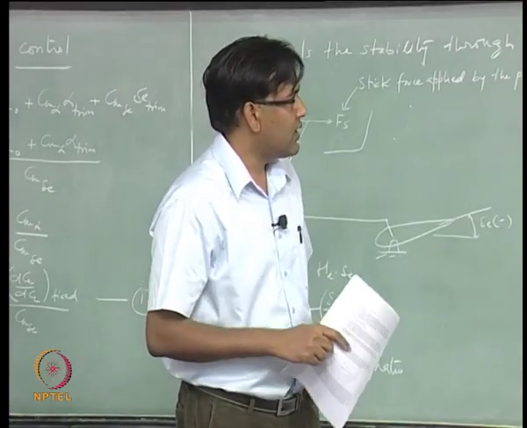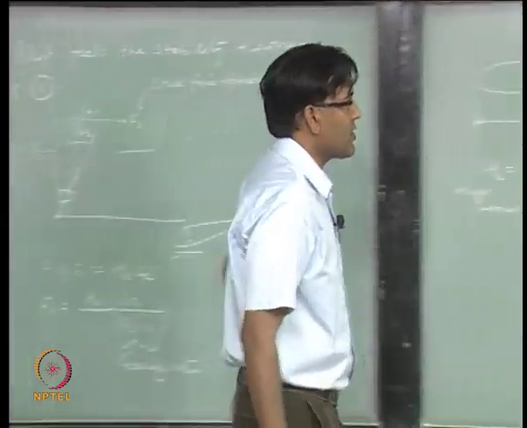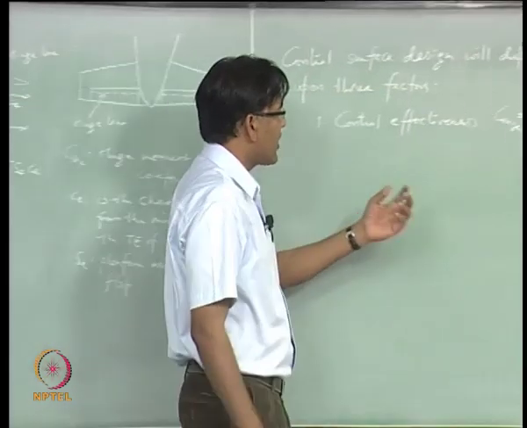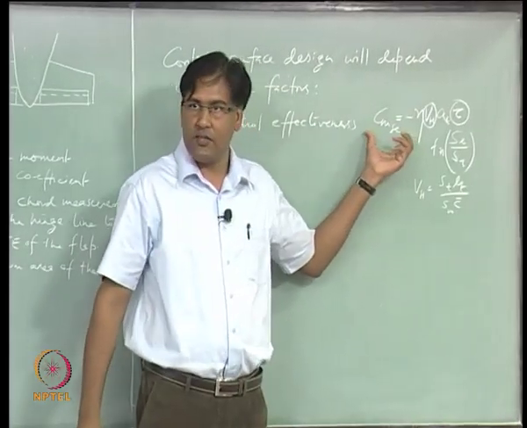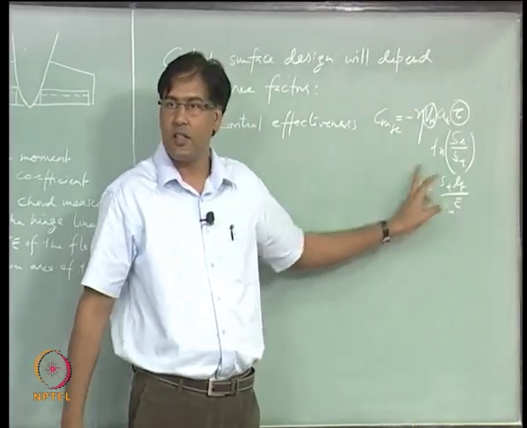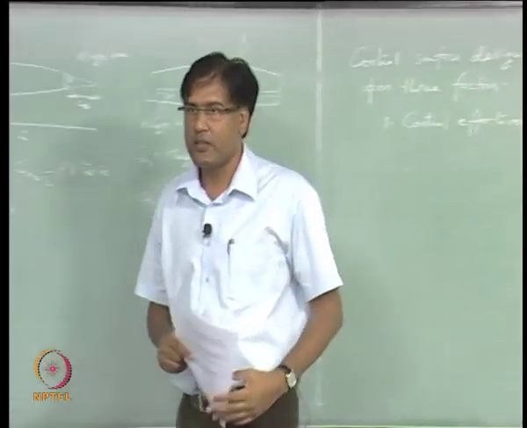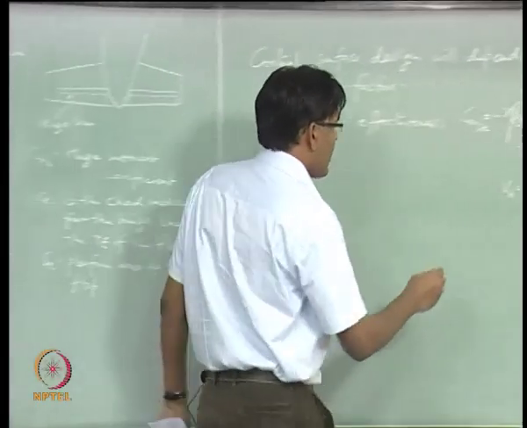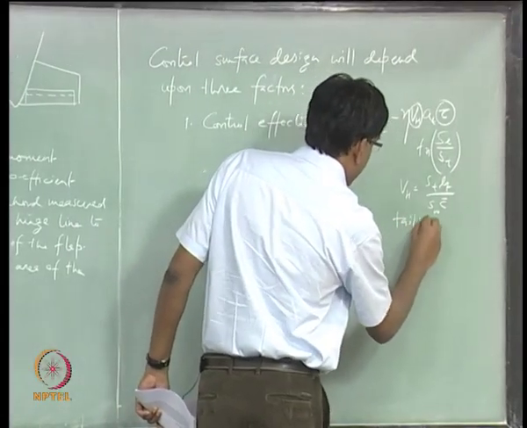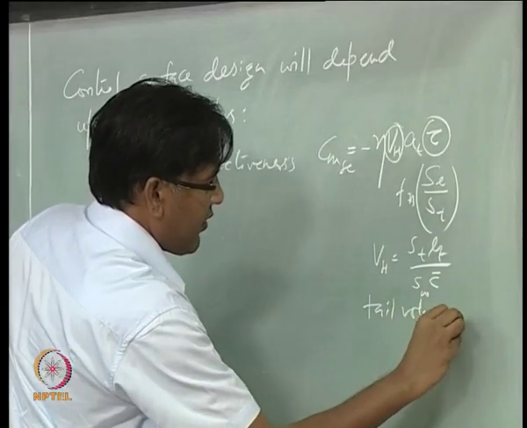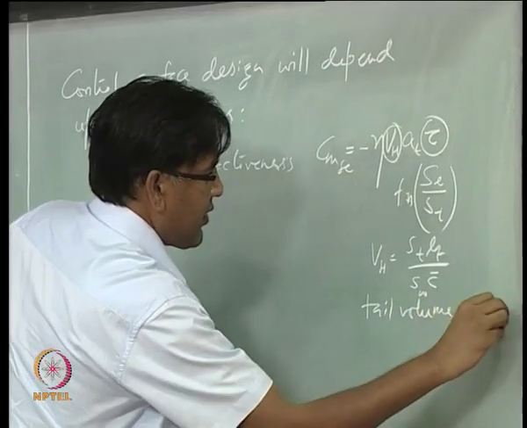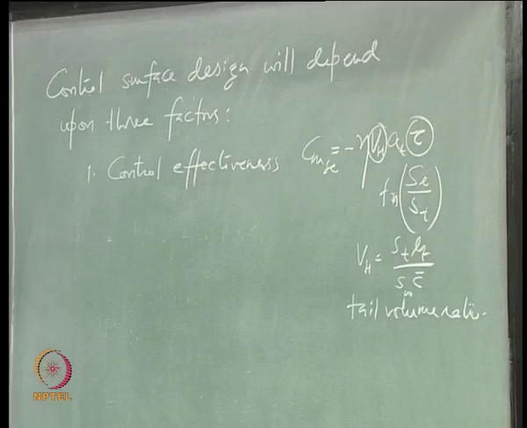So, now while changing the stability characteristic, you are also changing this control power, right, if you are doing it through this quantity, the tail volume ratio. Okay.